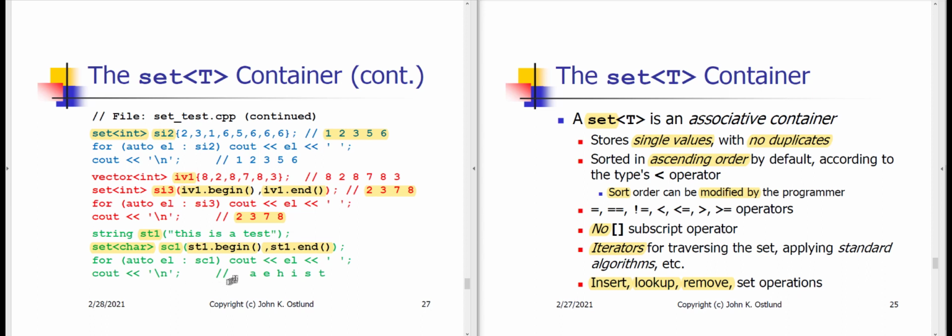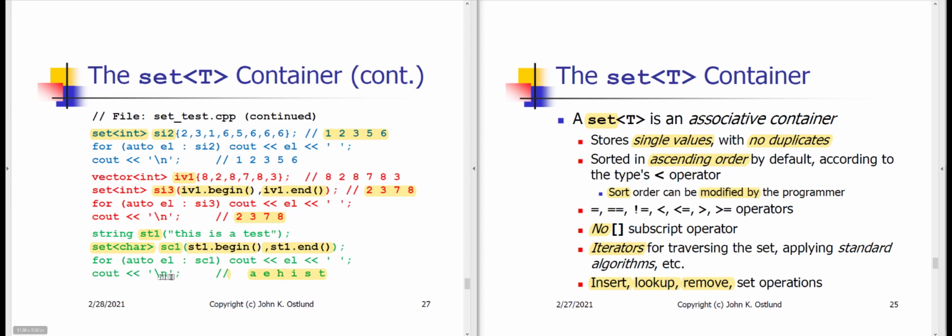When that sequence of individual characters is used to initialize a set of characters, and I then look at the contents of that set, notice that there are 3 spaces in this string: spaces around the "is" and another space after the "a". So space does actually count as one of the chars in the set. And the space in the ASCII character set comes ahead of all these other letters.